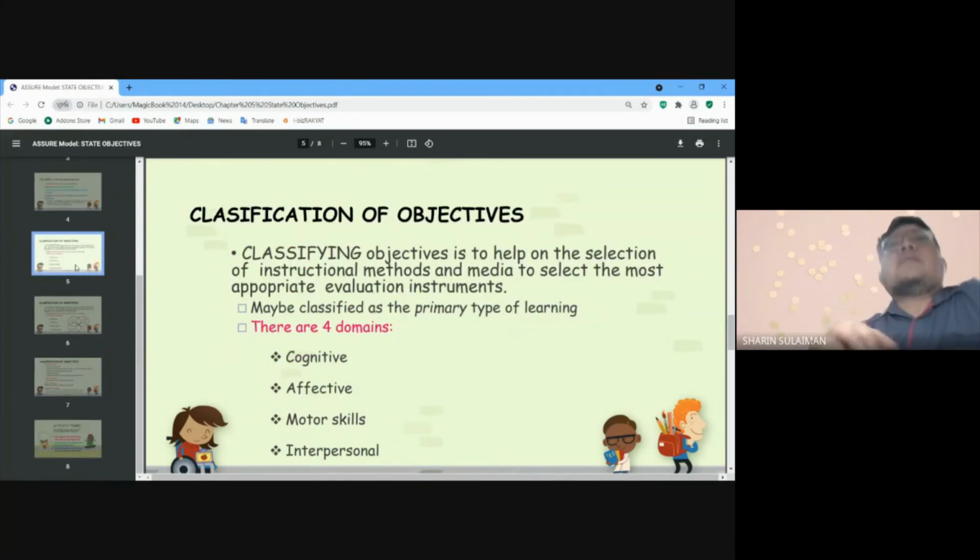Alright, next is classification of objectives. Objectives can be categorized. Categorizing objectives helps in selection.